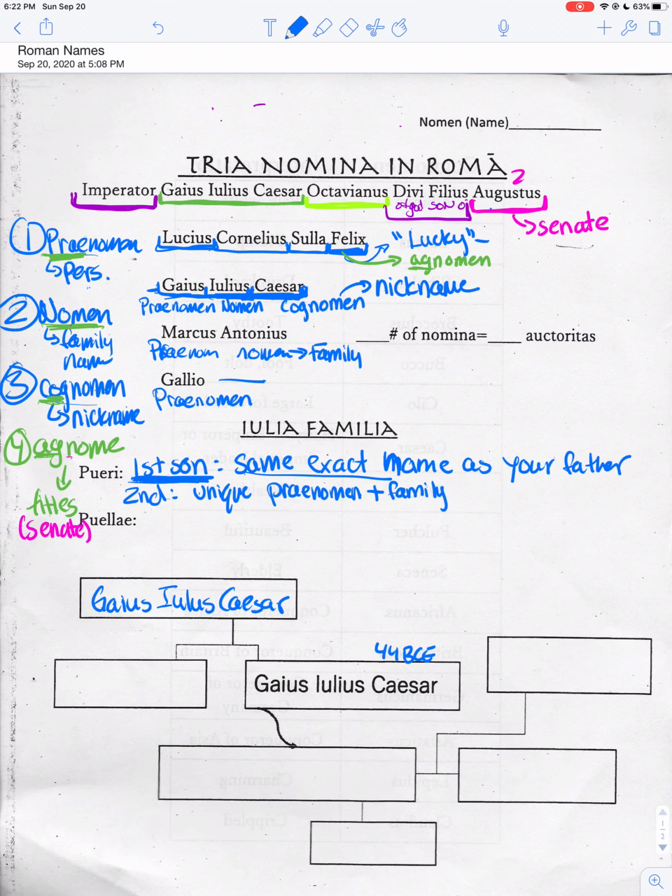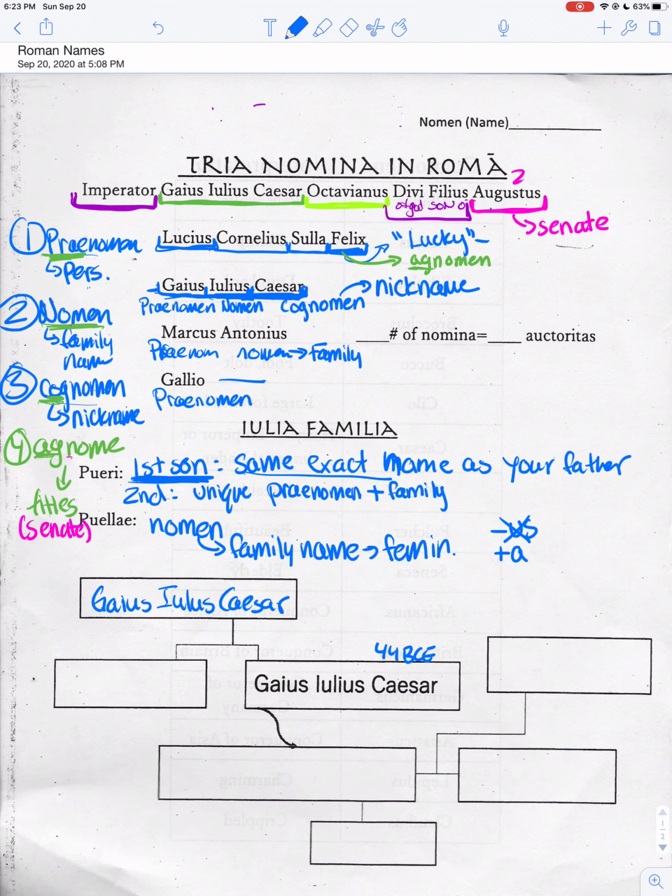Girls were a little different. Girls did not have a praenomen, so they didn't have a personal name. Instead, they only went by their nomen, and their nomen is the family name. But remember, it has to be feminine. So what you would do is take off the US, and just add A. So with Gaius Julius Caesar's sister, he did have a sister, what would her name be?